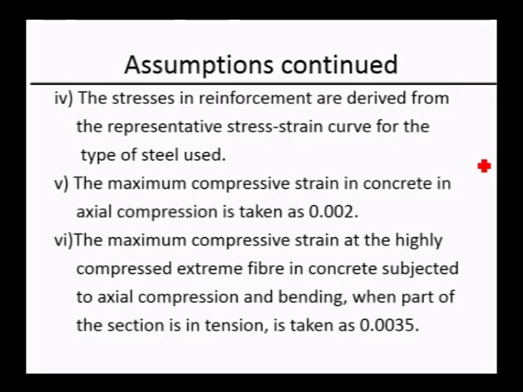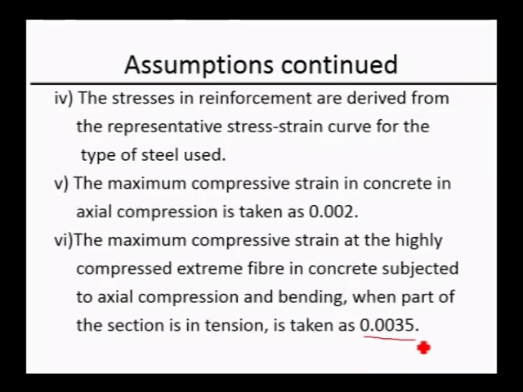The maximum compressive strain in the concrete in axial compression is taken as 0.002. And the maximum compressive strain at the highly compressed extreme fiber in the concrete subjected to axial compression and bending, when part of the section is in tension, is taken as 0.0035.